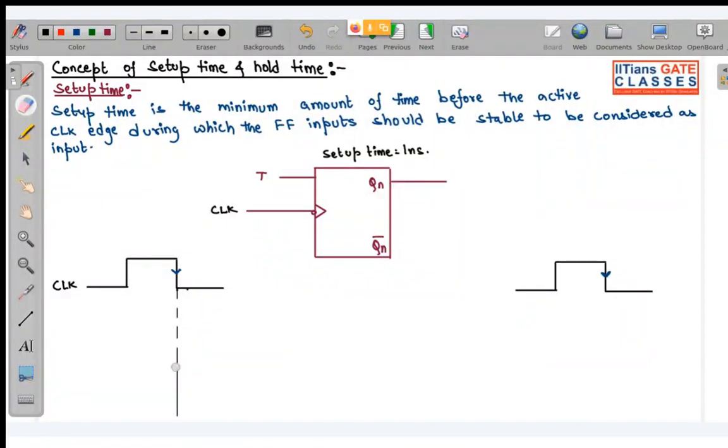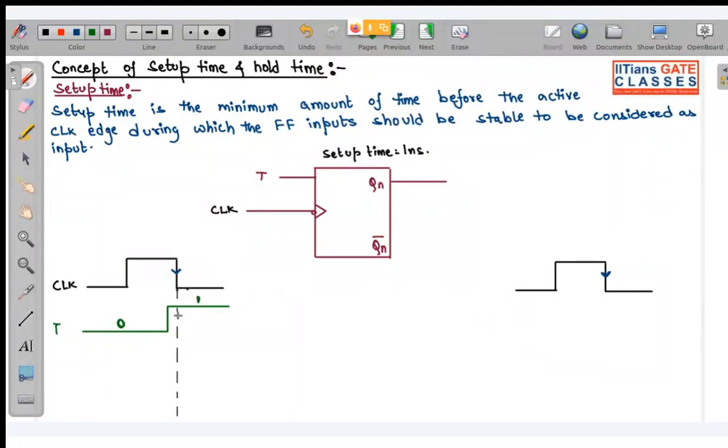So this is the active clock edge, and this is your T input, assume. Here you can see this is T, this is 0, this is 1.